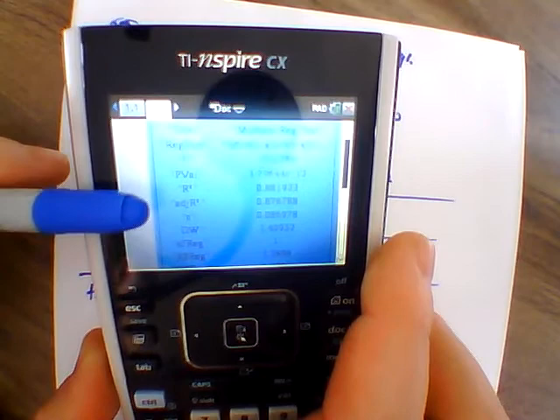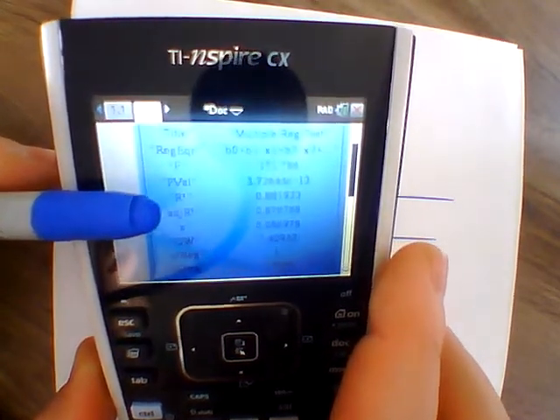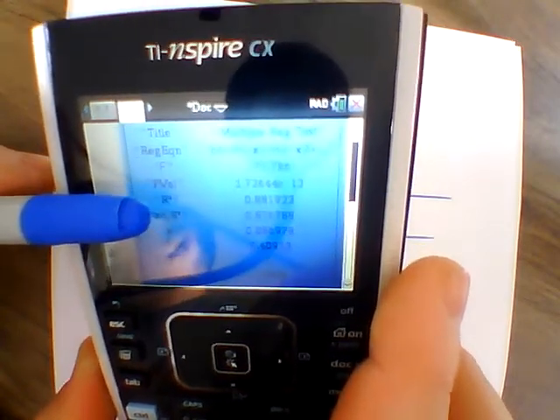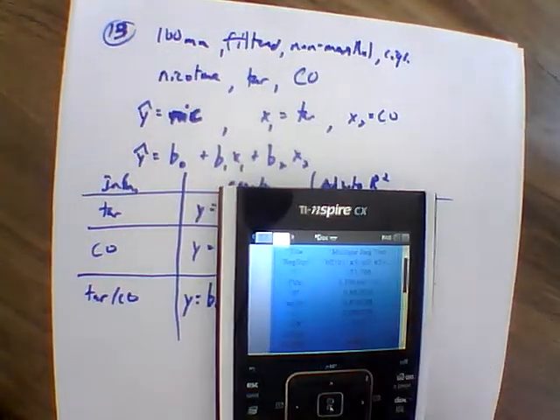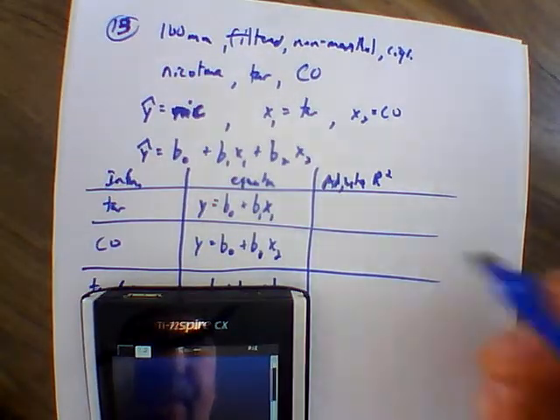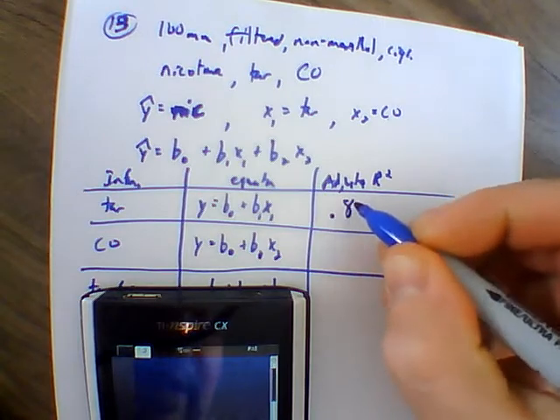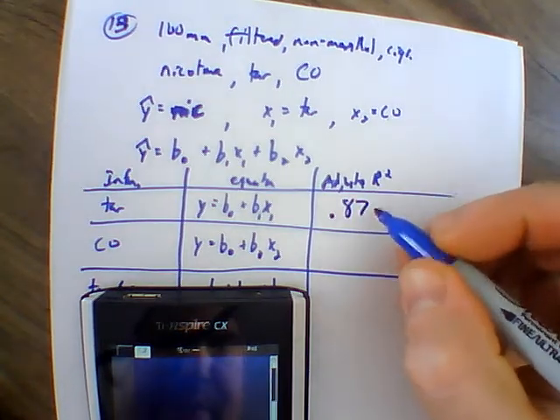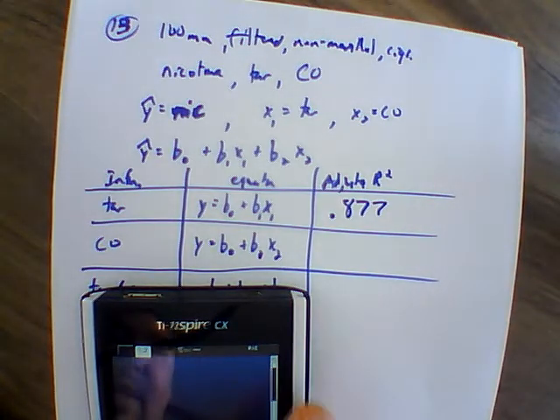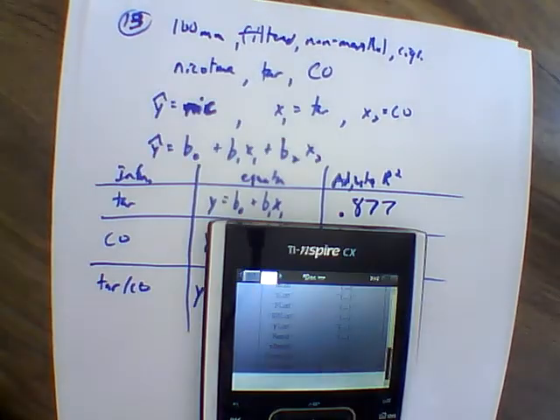Right here we see that we have r squared and then our adjusted r squared value. Okay, so that adjusted r squared value is what we're looking for in here. So the adjusted r squared value for this one is 0.8767, so 0.877.